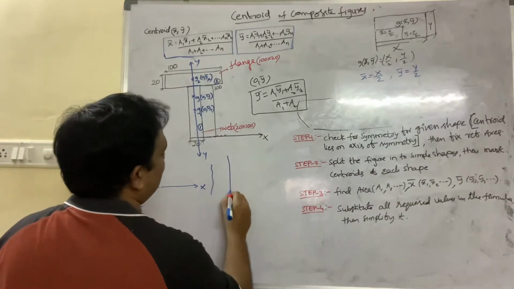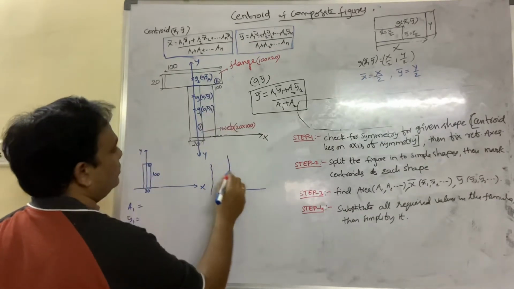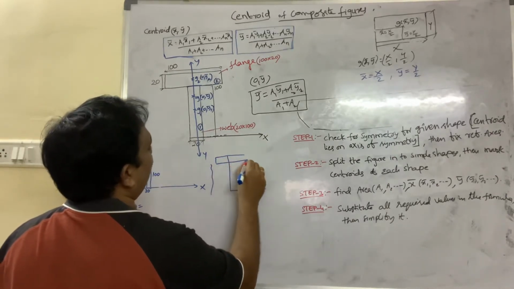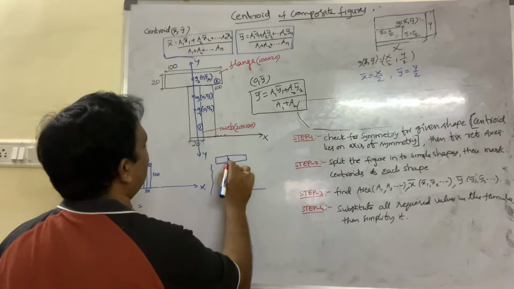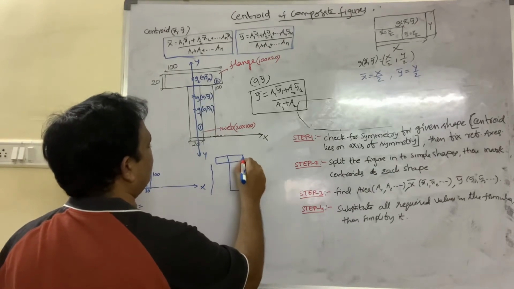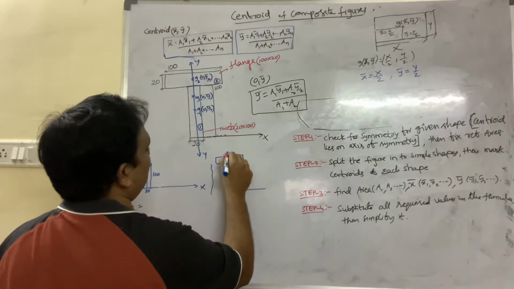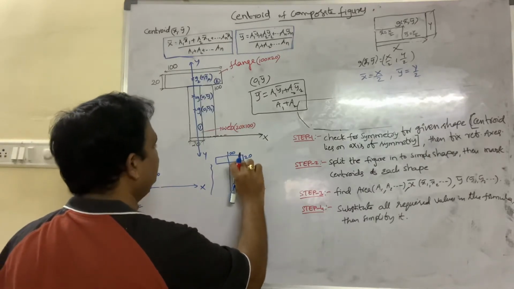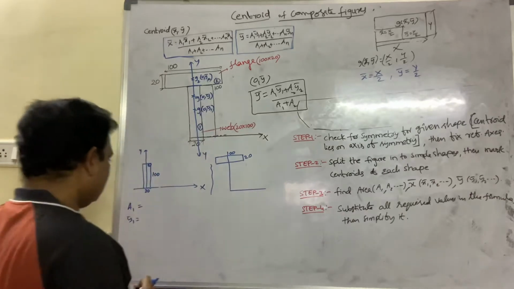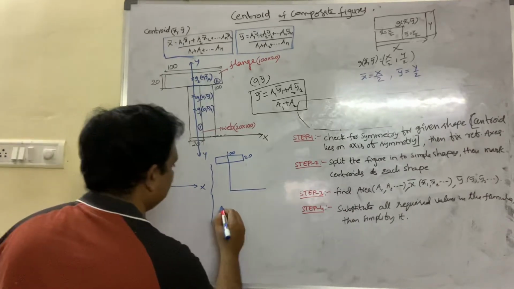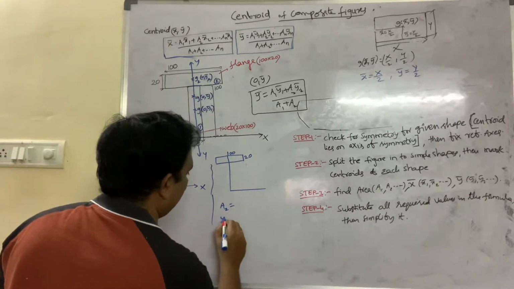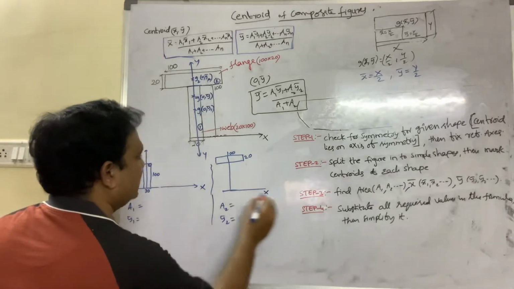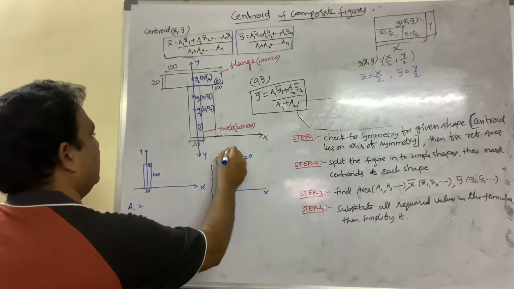And let us draw the second member also. This is the second member with dimensions 100 and 20. What is A2? What is y2 bar? This is x-axis and this is y-axis.